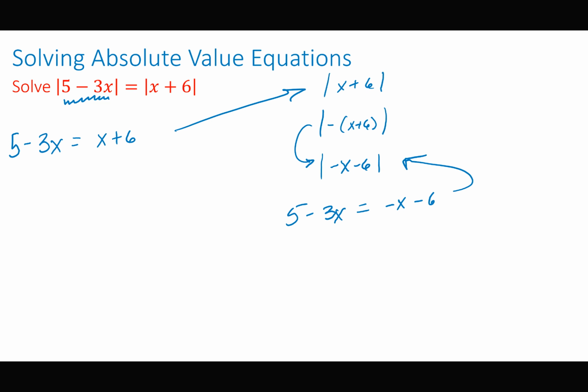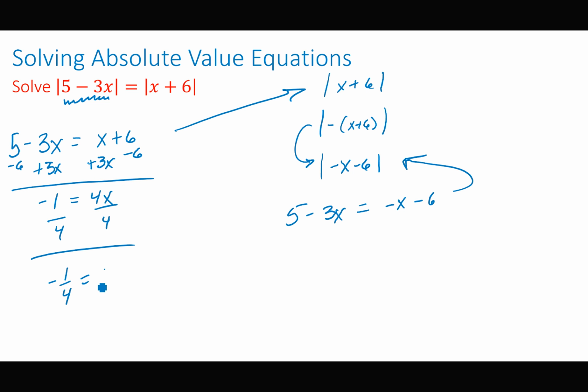So now I have two equations that I can solve. If I were to add 3x, subtract 6, I'd end up with negative 1 equals 4x. Divide by 4, I'd end up with a negative 1/4 equals x for one solution.